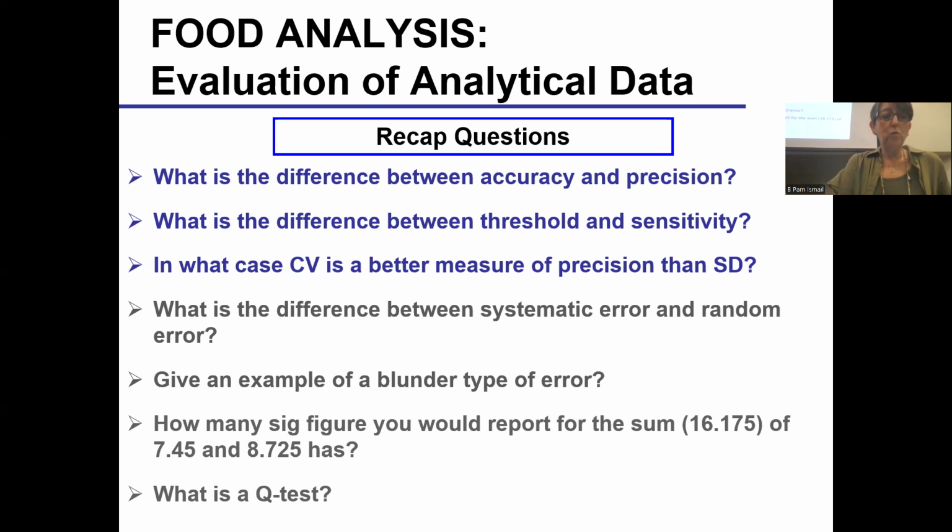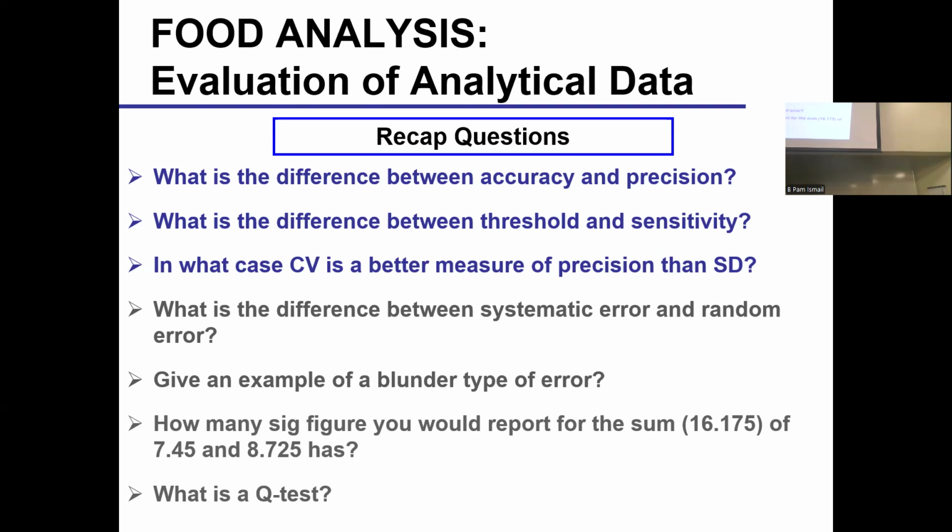All right, and why is coefficient of variation a better measure of precision than standard deviation? Remember the last exercise we did? Yes, Tina? When we compare between methods, you have different ranges of the mean, the size of the mean, because coefficient of variation corrects for the size of the mean.